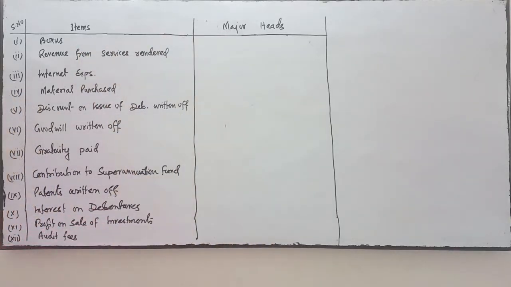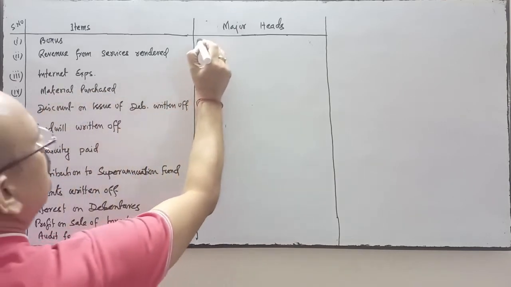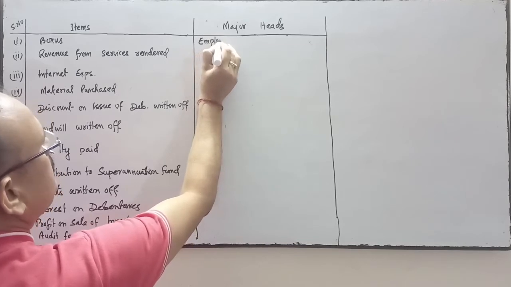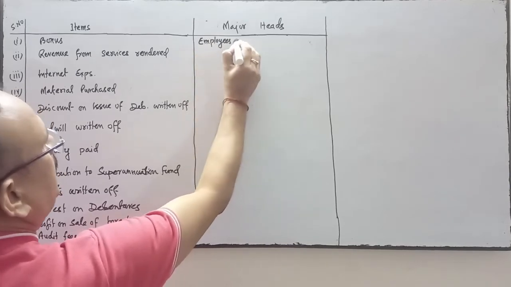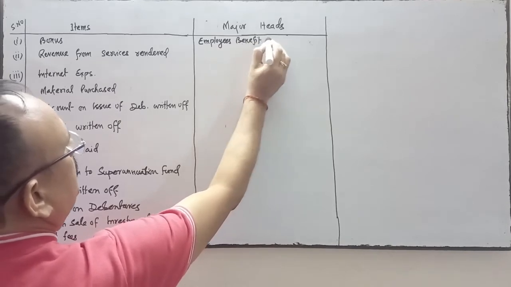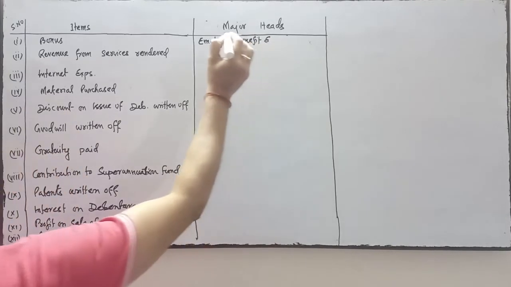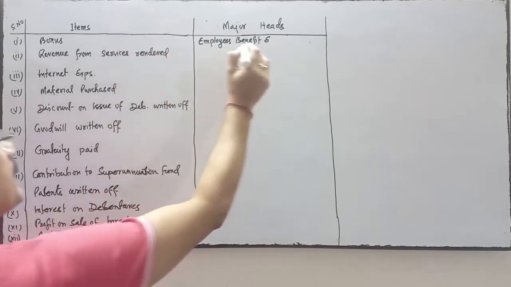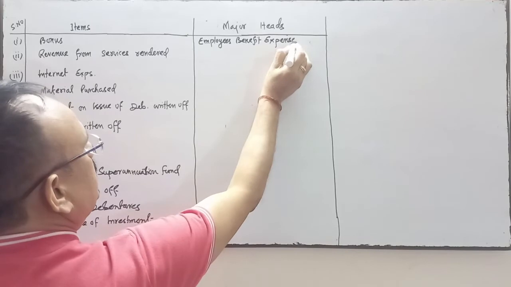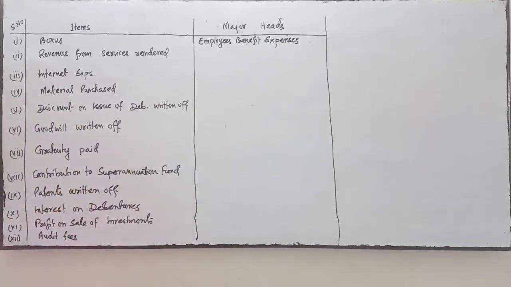So the first one is bonus. Bonus is given to employees, so it comes under employee benefit expenses. Next is revenue from services rendered.